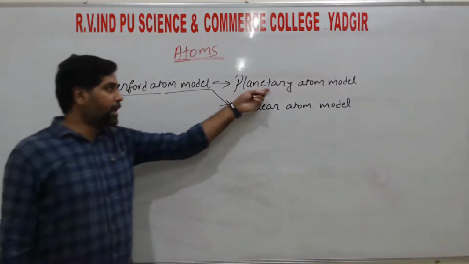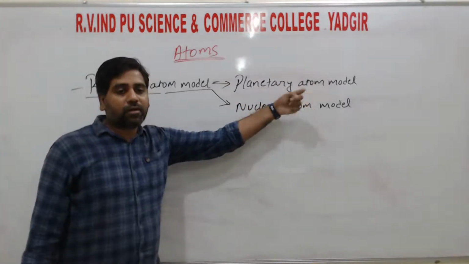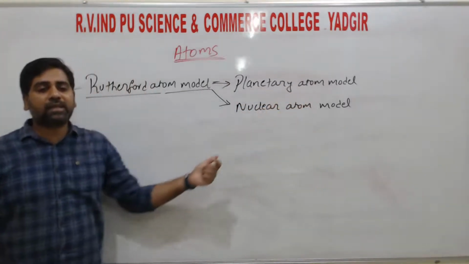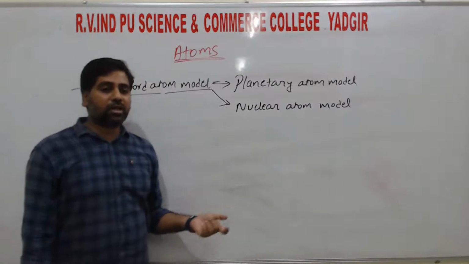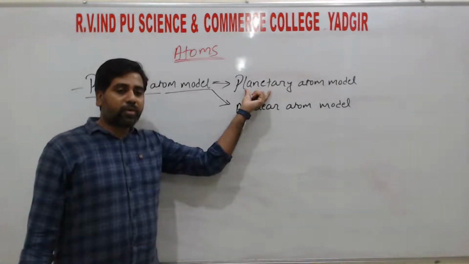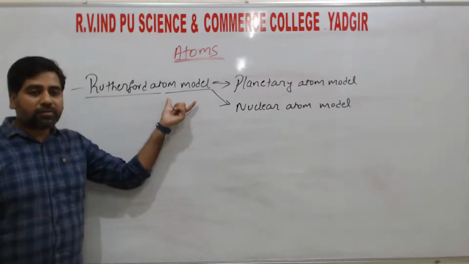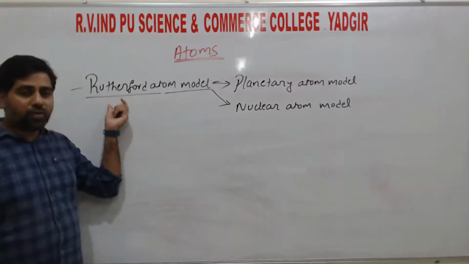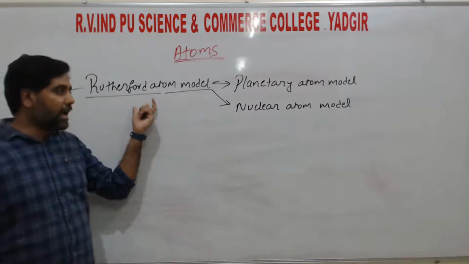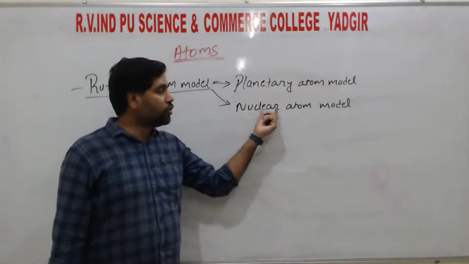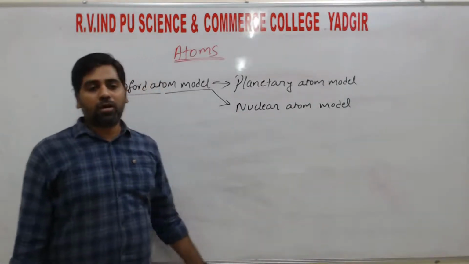One is the planetary atom model, because the electrons revolve around the nucleus like the planets revolving around the sun. And the nucleus concept was introduced for the first time by Rutherford in this atom model, hence it is called the nuclear atom model.